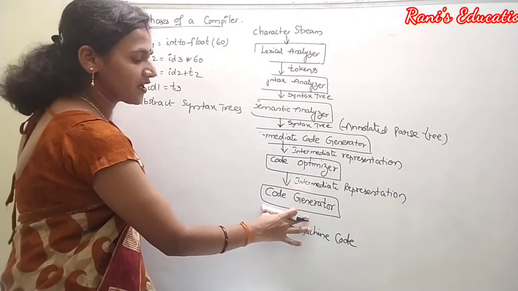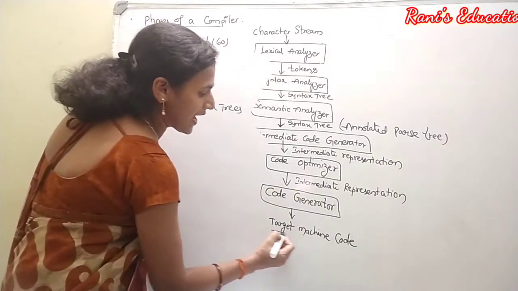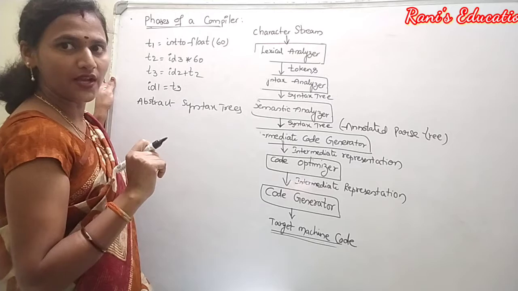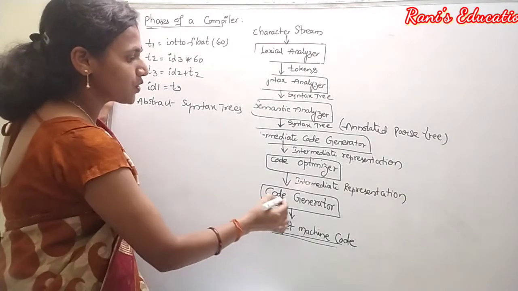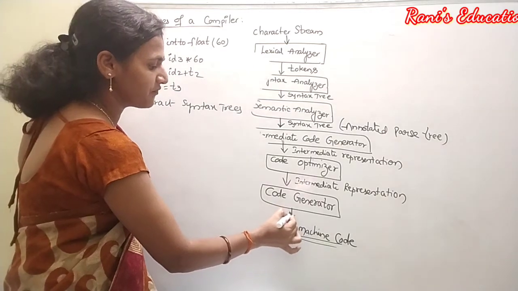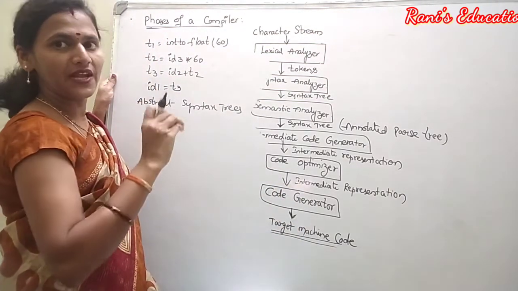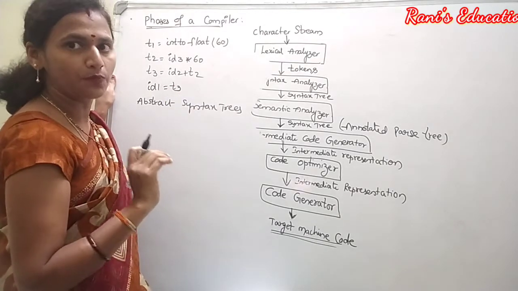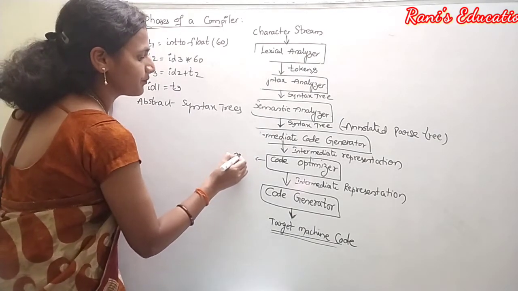Then the code generator produces the target machine code in the form of registers and memory locations for storing. After the code generation phase, if you want to reduce the target machine code, we can do that with the help of the machine dependent code optimizer. Here the code optimizer is an optional one.